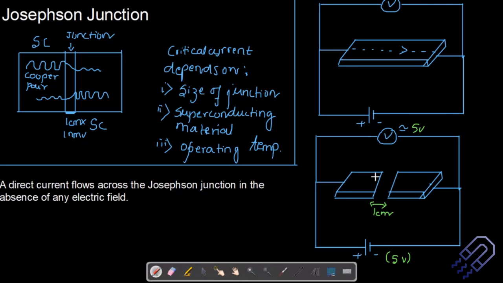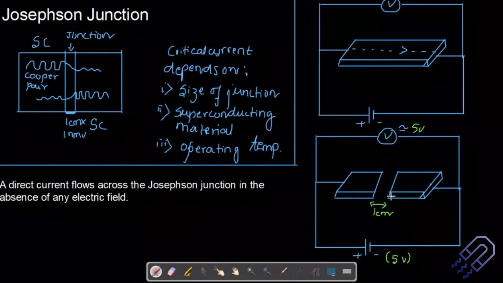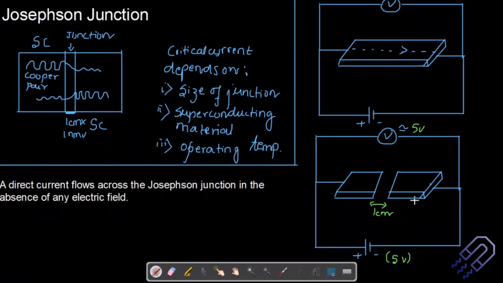Why? Because it doesn't have a path for the charge carriers to flow from this end to this end, because this is separated by a distance of 1 centimeter. So this is basically acting like a normal broken system, an open circuit.